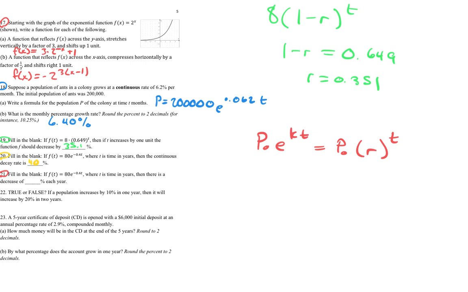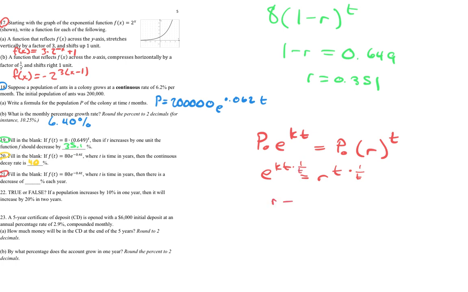We want to solve for this here. So if we do that, we can divide out our starting amount, and we get e to the kt equals r to the t. And now we want to solve for r. To do that, we just take everything to the 1 over t power.